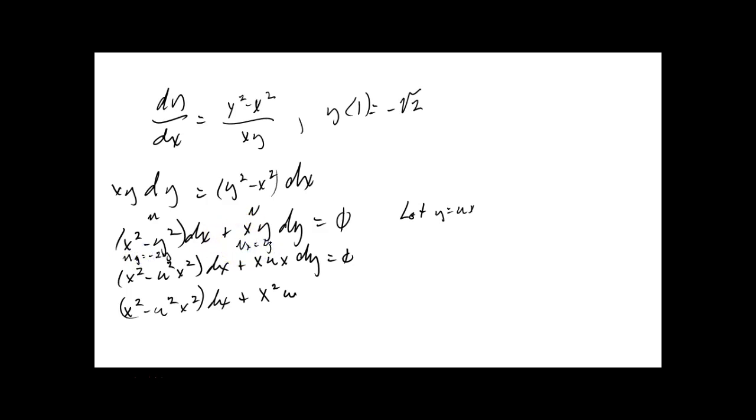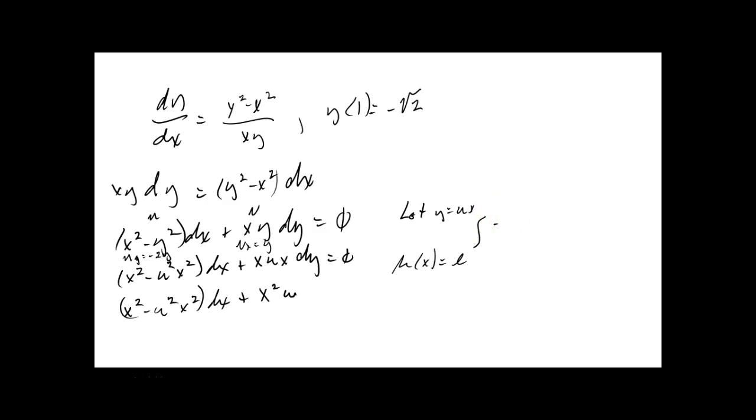So try doing a mu of x, which is e to the integral of M sub y minus N sub x over N. That's minus 2y minus y, right? Where are you looking? Page 69, number 13.